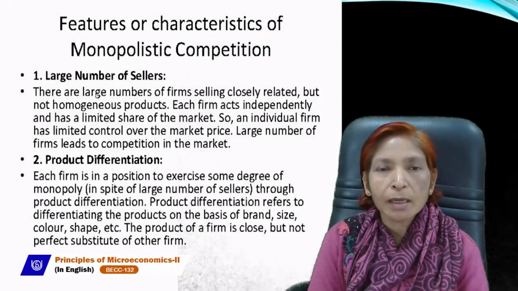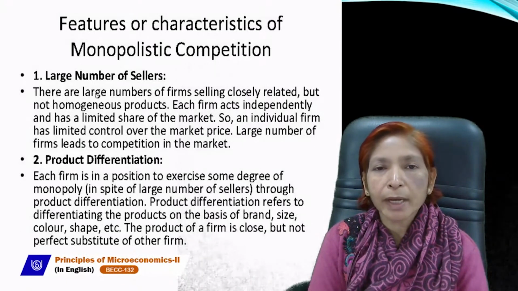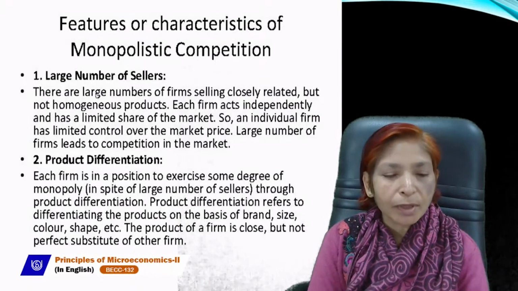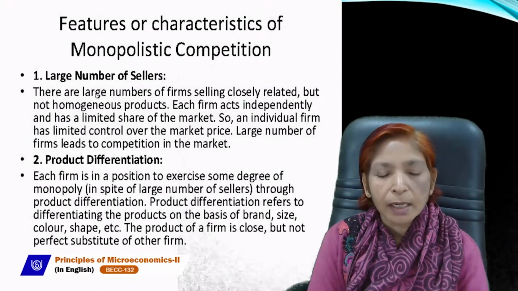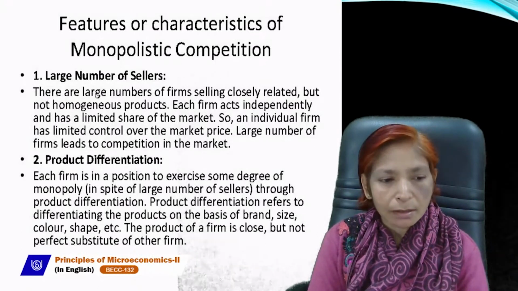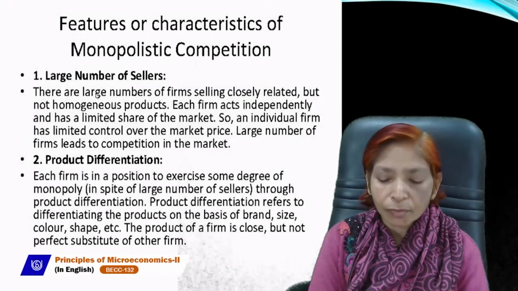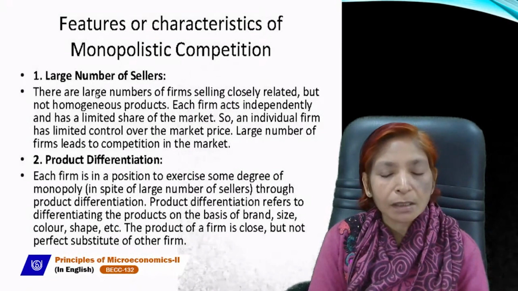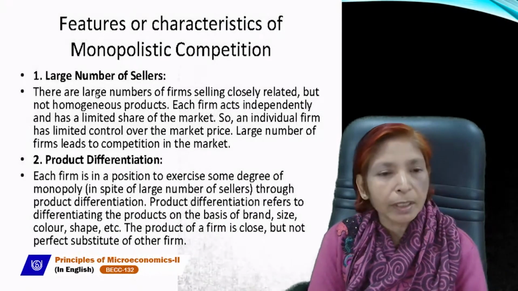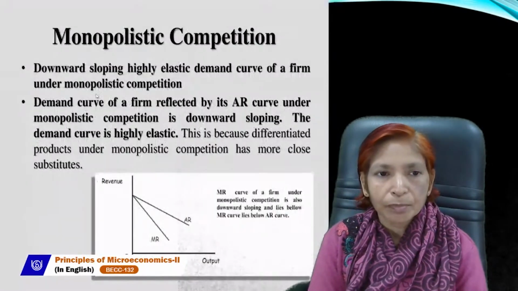Like there are so many companies selling their bread. The purpose of the bread is the same and closely related, but not perfectly substitutable for another firm's. So these are the two important features which exist under a monopolistic competition market.